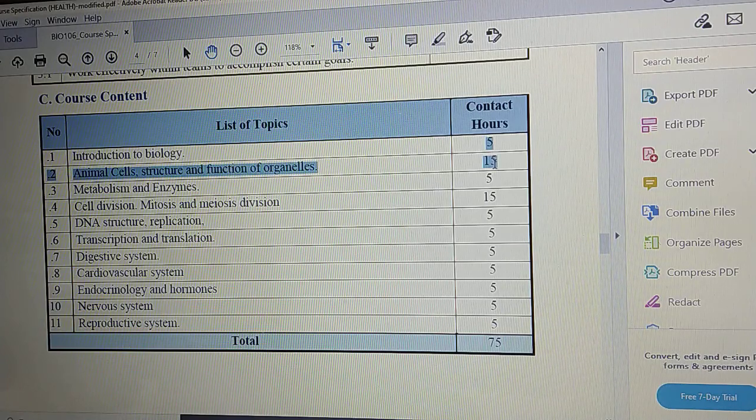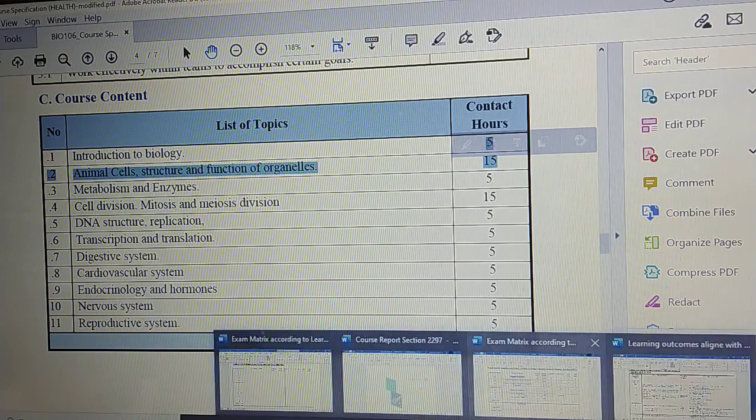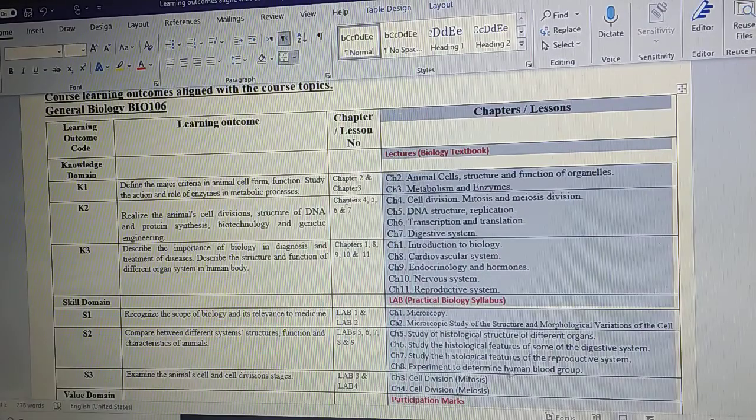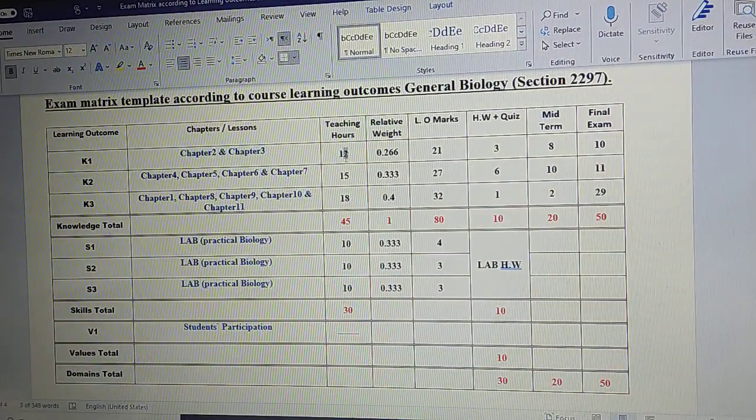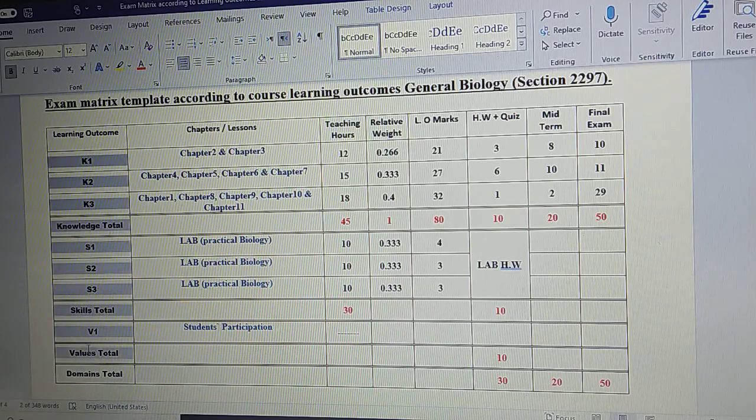So the 20 hours will be 12 hours through 4 weeks, each week 3 hours. What about the 8 hours? They are for the lab course.